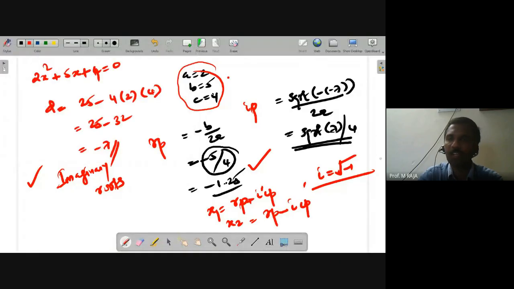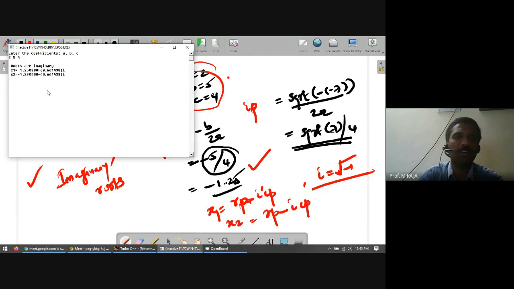And I have printed the value of I at the end: imaginary part into I. Then x2 is minus 1.25 minus this one into I. In case the imaginary part is a negative one, right?